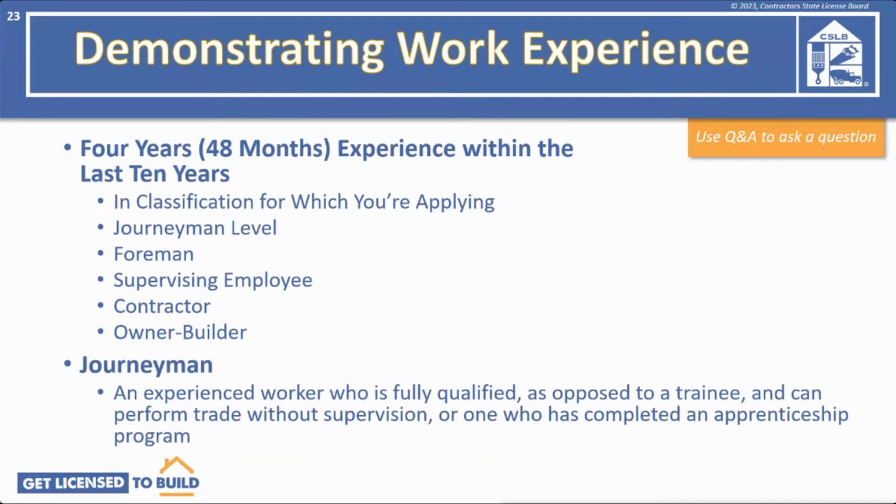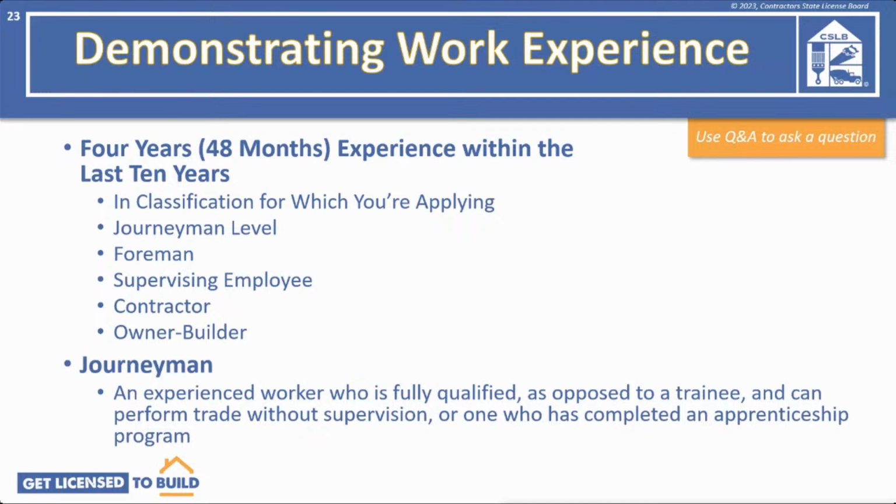Okay, along with education credits we talked about earlier, this next section is probably the most important of the entire workshop and the part of the application that causes the most headaches for applicants. It is how you demonstrate your work experience on your application. Remember, the license qualifier needs 4 years or 48 months of experience within the past 10 years in the classification for which you're applying.